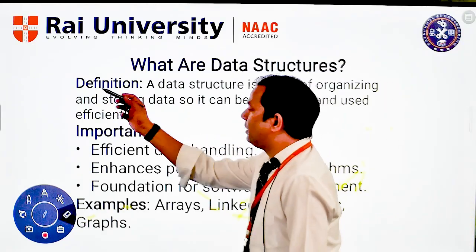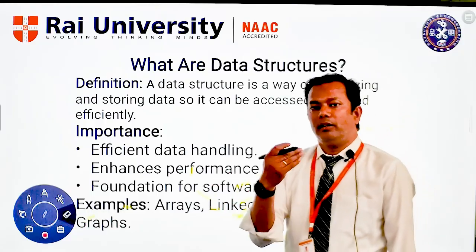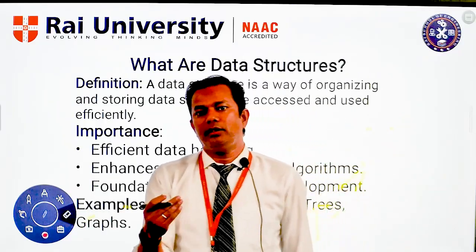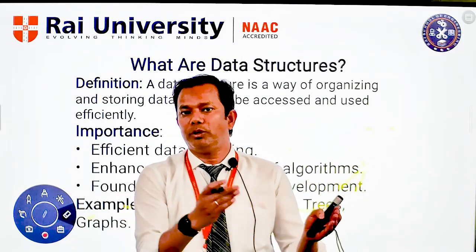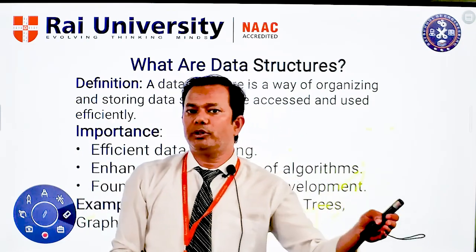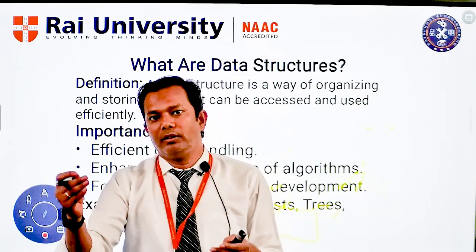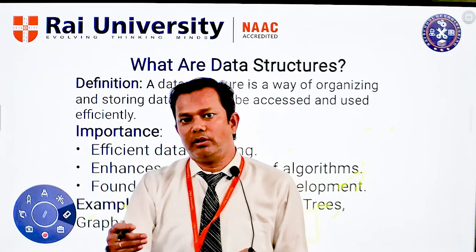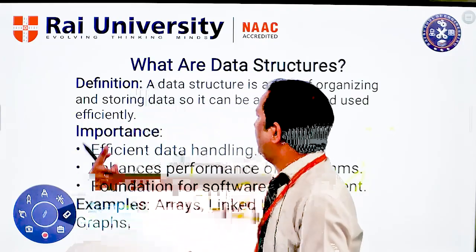What is the definition of a data structure? Always keep two things in mind when I am talking about data. If the data is there, it is in an unprocessed form and it will be stored somewhere. Keep this point in your mind.